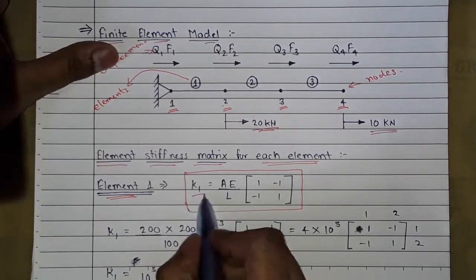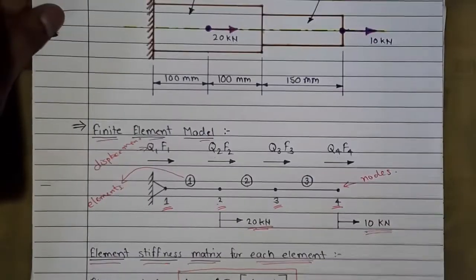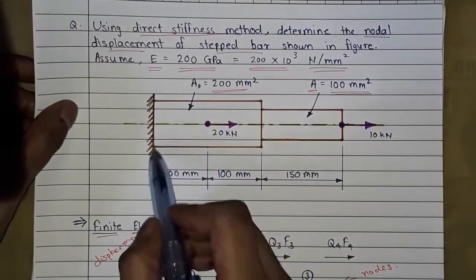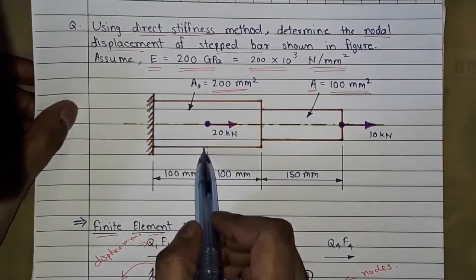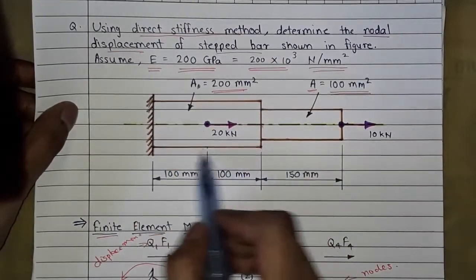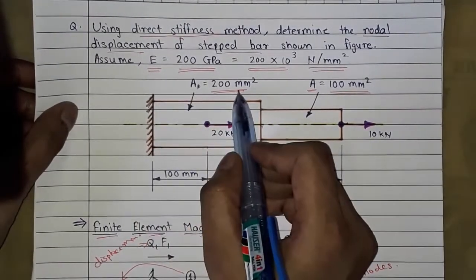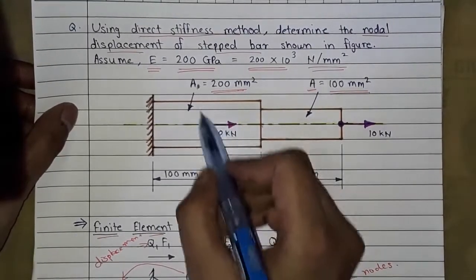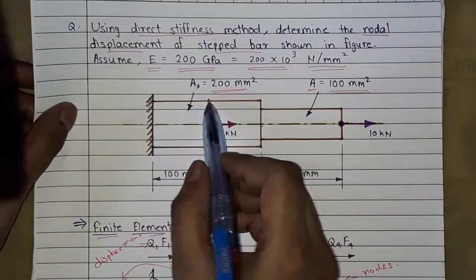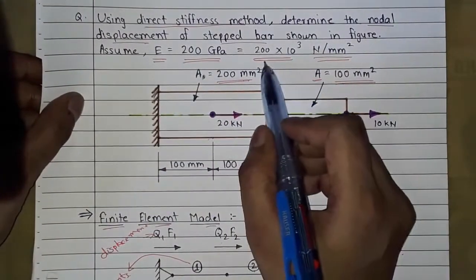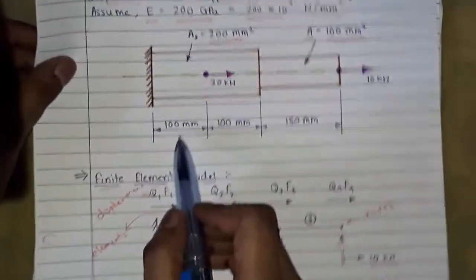For K1, A is the area of element number 1, which is 200 mm square. The area for this whole bar is 200 mm square, and it has equal diameter. So the area of element number 1 is 200 mm square, Young's modulus is 200 into 10 raised 3, and length is 100 mm.